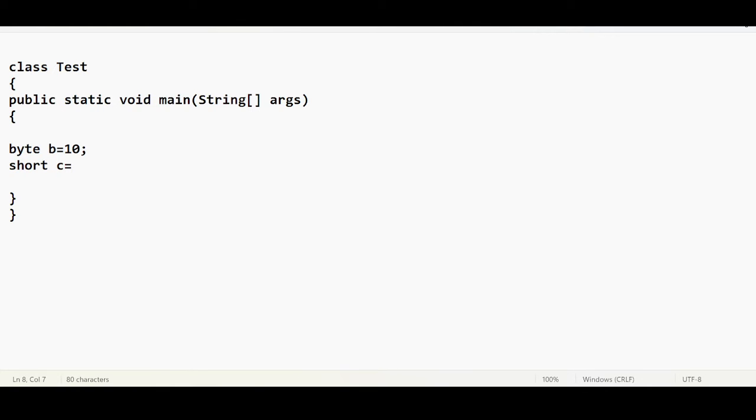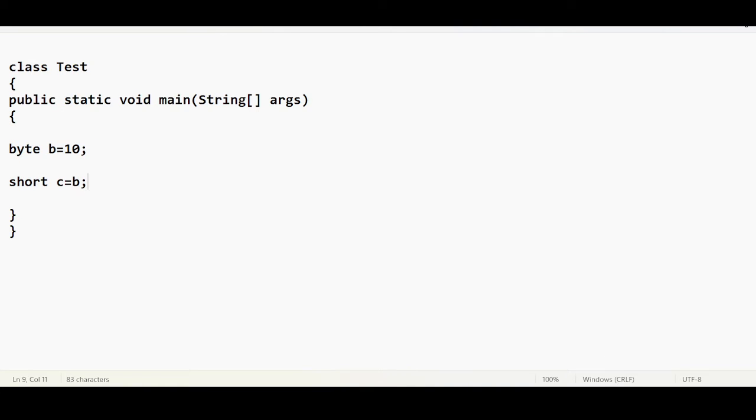When I say typecasting, when I say widening, the conversion from a smaller data type to a larger data type, this is what I mean. If I am assigning the variable which is of the byte data type directly to the short data type, this is called typical typecasting.